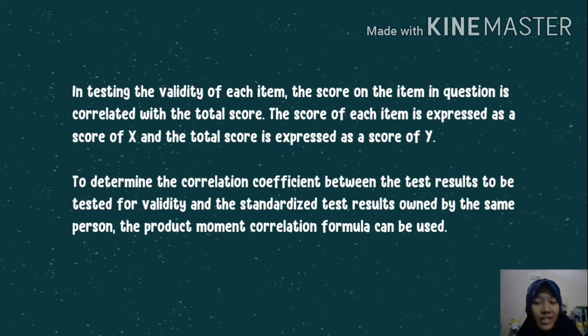The score of each item is expressed as a score of X, and the total score is expressed as a score of Y. To determine the correlation coefficient between the test result to be tested for validity and the standardized results by the same person, the product moment correlation formula can be used. So, to calculate the value of validity, we use the product moment correlation formula.